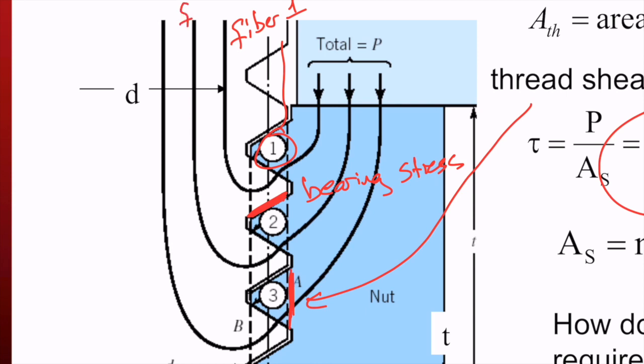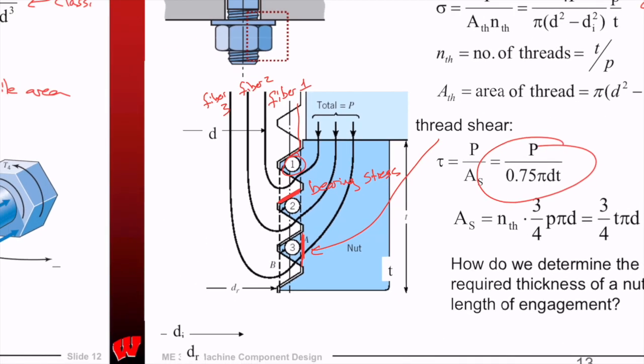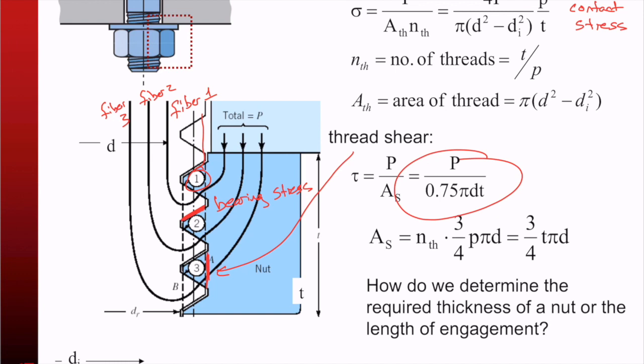We'll call this fiber 2, and we'll call this fiber 3, right? And if we do that, I wonder, which fiber carries the most load? Well, the shortest one does, right?